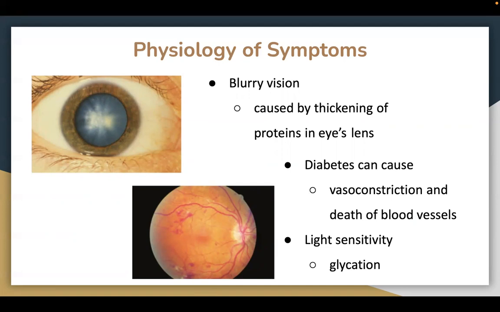The third is light sensitivity. Excessive exposure to light, giving you light sensitivity, can lead to glycation, which is the presence of excessive glucose, resulting in protein buildup and a cataract.